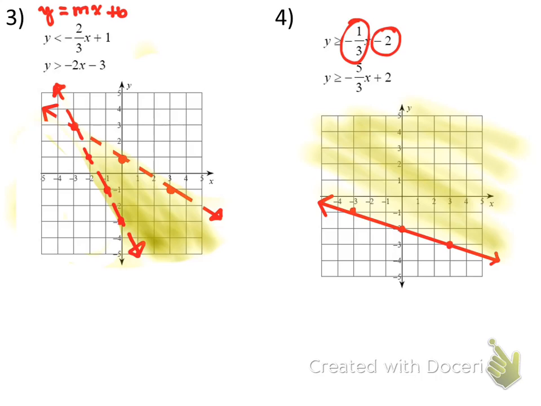Continuing, watch, please. The next one has a y-intercept of +2 and a slope of -5/3. So you go to +2 and you go to -5/3. It looks like they share a point here. And this one also is solid because it's equal to.